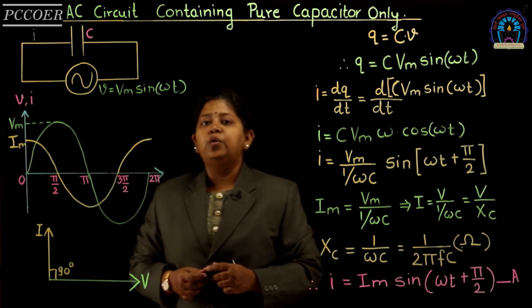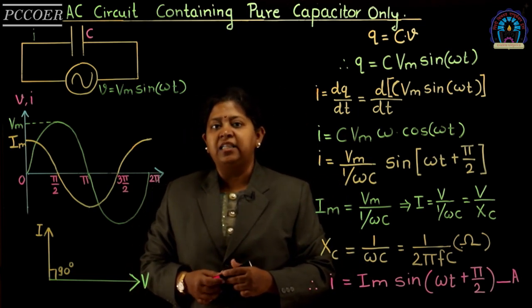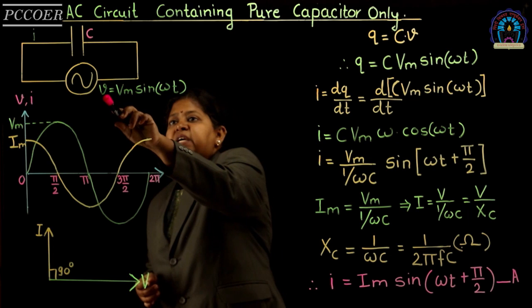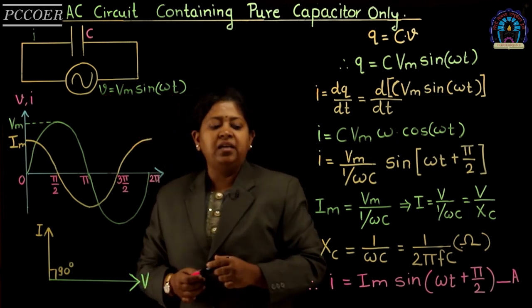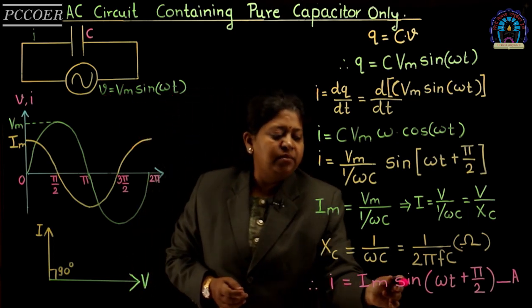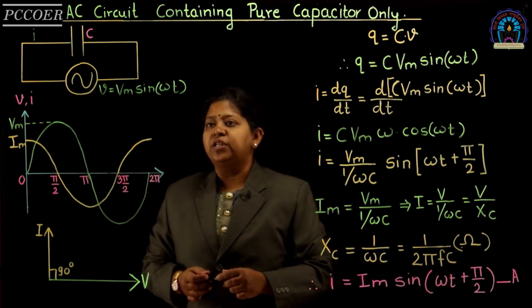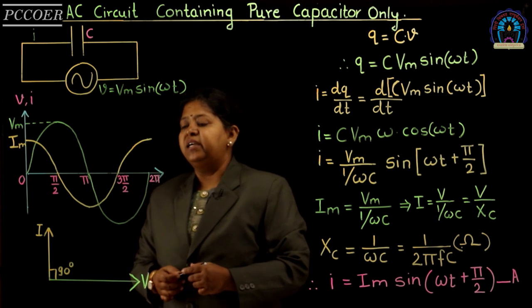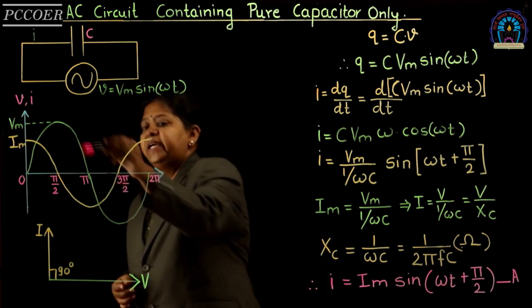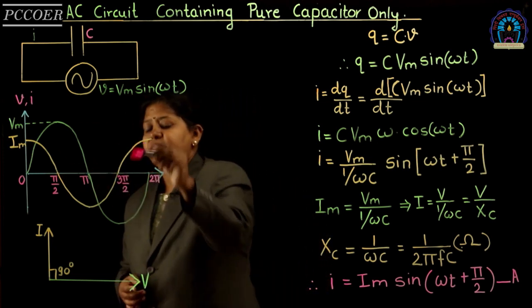Here we have got two alternating equations. One is V is equal to Vm sin omega t and I is equal to Im sin of omega t plus pi by 2. If we plot these two equations with respect to theta, we get the graphical representation of voltage and current.